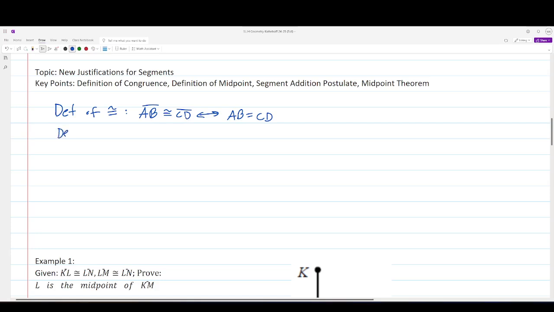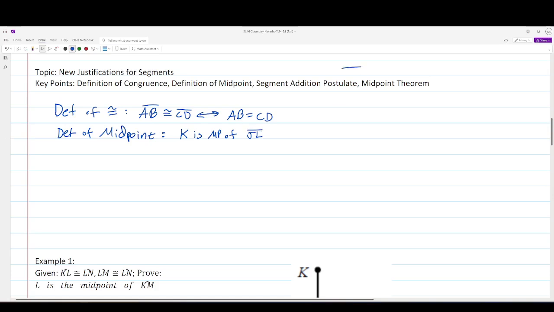Next, we have definition of midpoint. I will often abbreviate that as definition of MP. But definition of midpoint is going to turn the word midpoint into something mathematical. So we would start with something like the statement K is the midpoint of a line segment like JL.